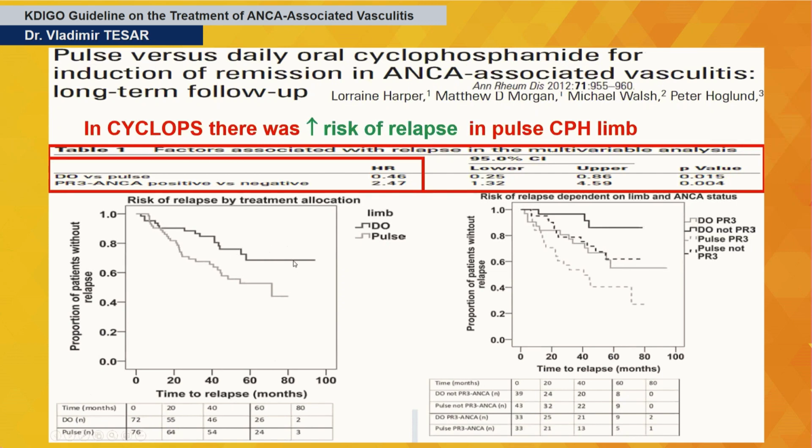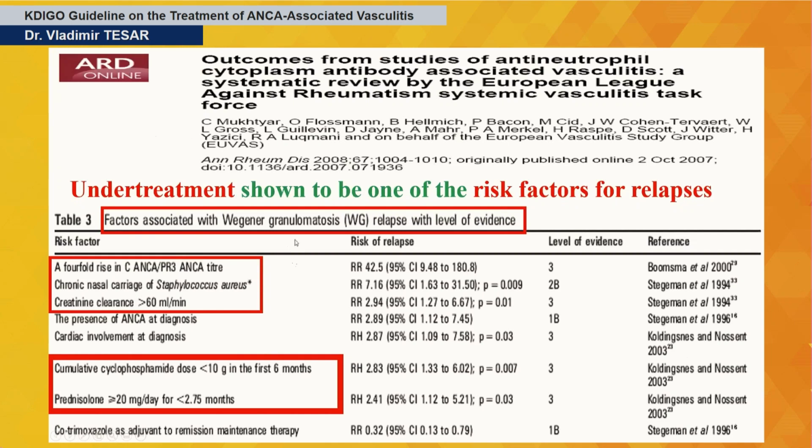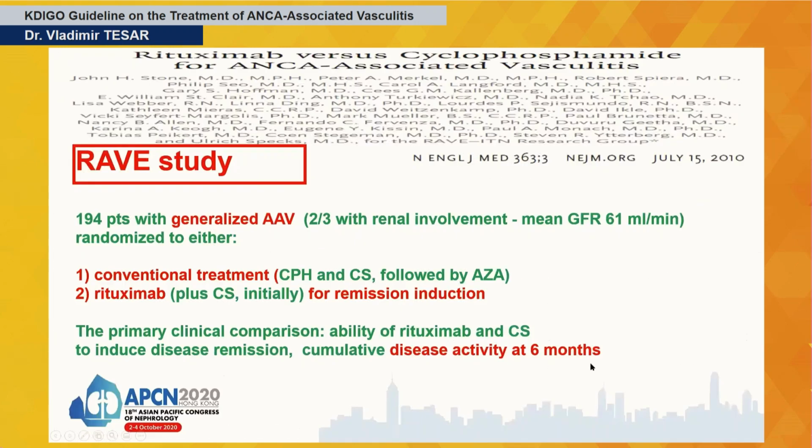So there was a higher relapse rate in patients with a low cumulative dose of cyclophosphamide, and a low dose of prednisolone in the first 3 months was also associated with a higher relapse rate. So it was clear that minimizing cyclophosphamide is not the best way, and we need something which could replace cyclophosphamide with similar efficacy and lower toxicity.